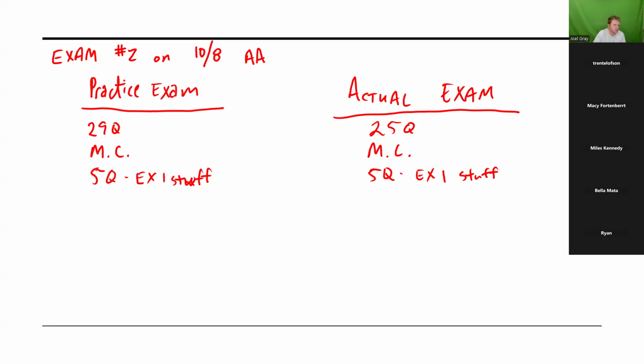It will replace it only if it's higher. Your practice exam has roughly 24 questions that are exam 2 stuff. Your actual exam has exactly 20 questions of exam 2 stuff.